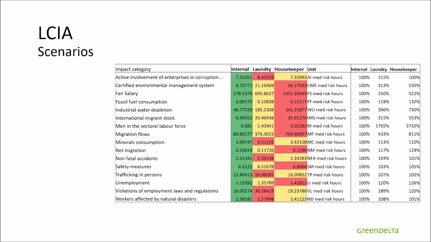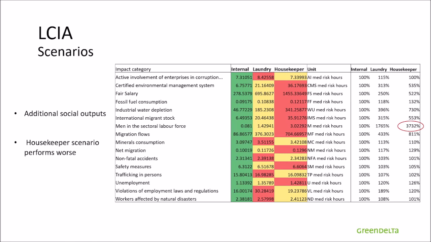As you can see in the relative results displayed here, the two alternative scenarios show higher impacts than the original one in all of the impact categories. It makes sense since they include additional social outputs in the use process. The laundry and housekeeper scenarios are the two worst options in about the same number of categories, but if you take a closer look at the variation, housekeepers show a particularly higher risk compared to the other scenario.